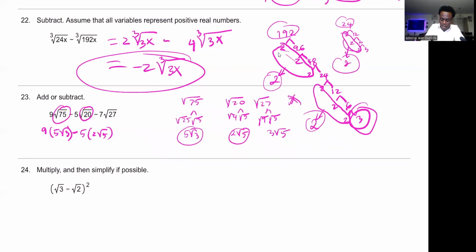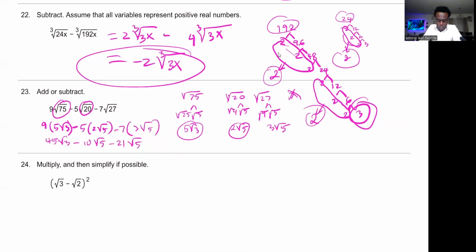And then we have negative 7 times 3 square root of 5. And then we can multiply and simplify. So that's 45 square root of 3 minus 10 square root of 5 minus 21 square root of 5, right?